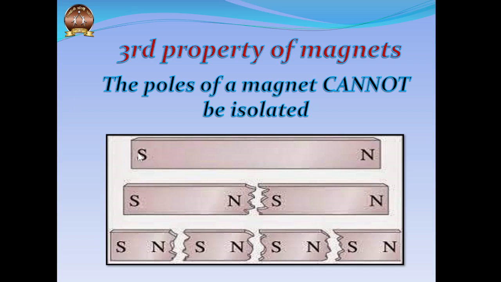The south pole is retained and keeps being the south pole, and the opposite end simply becomes the north pole. When that magnet is further broken, the second piece has a south pole and the opposite side becomes the north pole. So this is what we call that the poles of the magnet cannot be isolated.